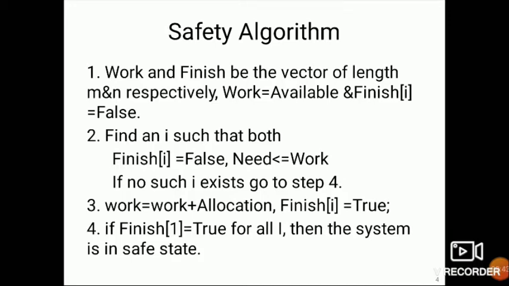Initially these values are set. Second, find an i such that both finish of i equals false and need is less than or equal to work. If no such i exists, go to step 4. Third, work equals work plus allocation, and finish of i equals true. In the fourth step, if finish of i is true for all i, then the system is in a safe state.